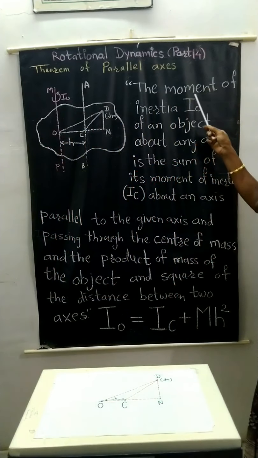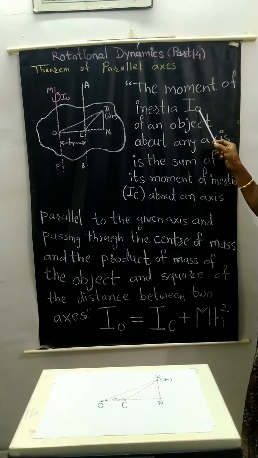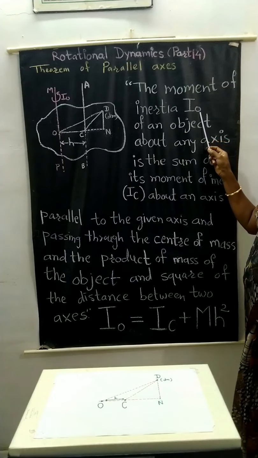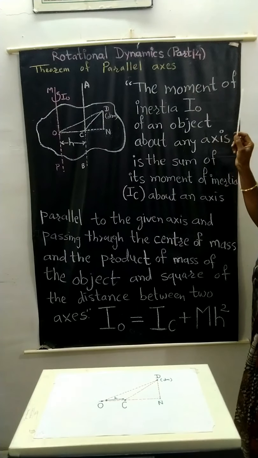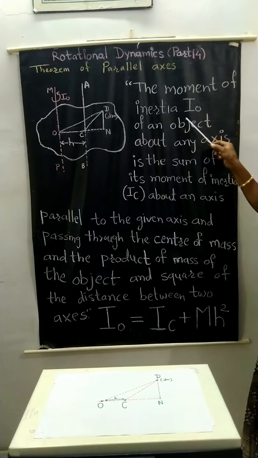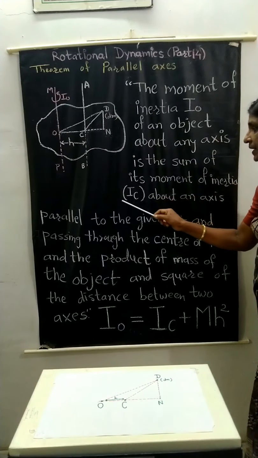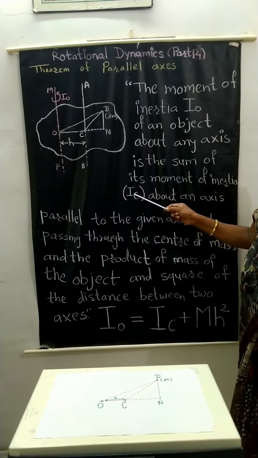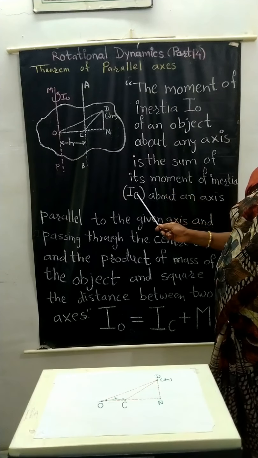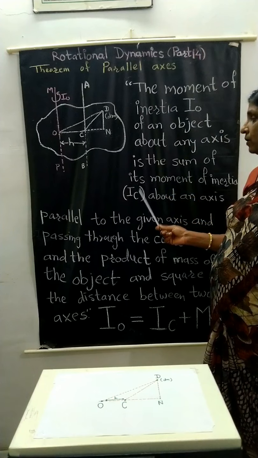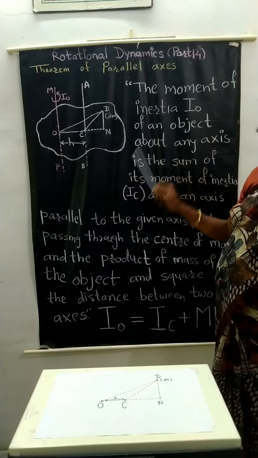IO denotes the moment of inertia, and O is the point through which the axis of rotation passes. Therefore, the symbol is written as IO. For IC, I denotes the moment of inertia and the axis is passing through the center of mass of that object or rigid body.